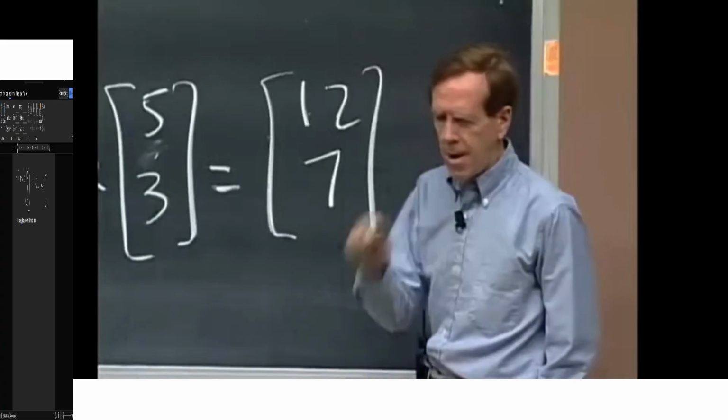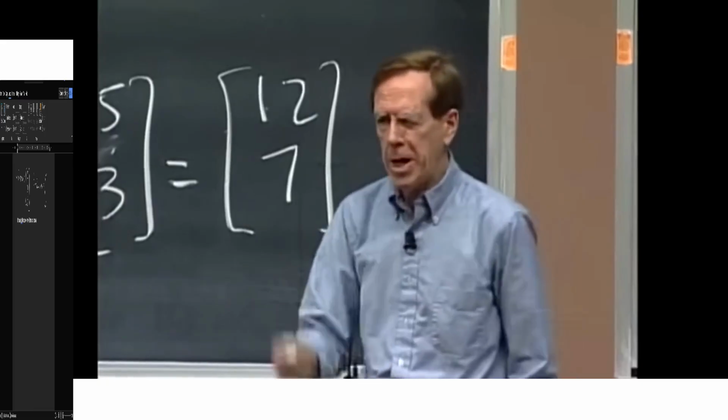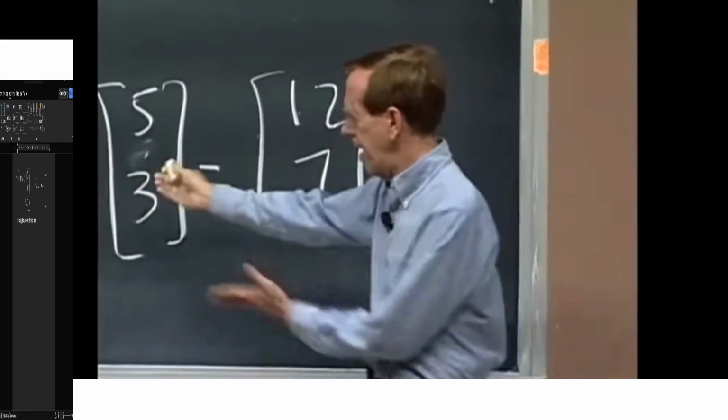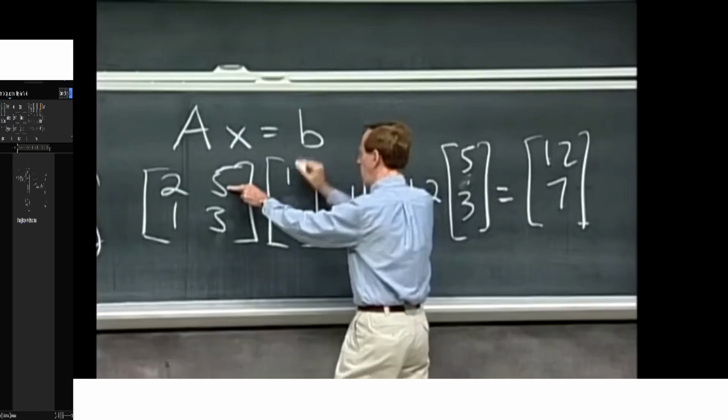Now, you could do that another way. Rows and columns. You could do it a row at a time, and you would get this 12. I could take that row times my vector.